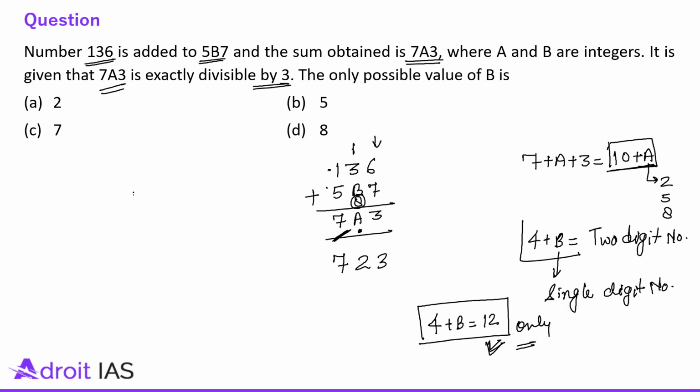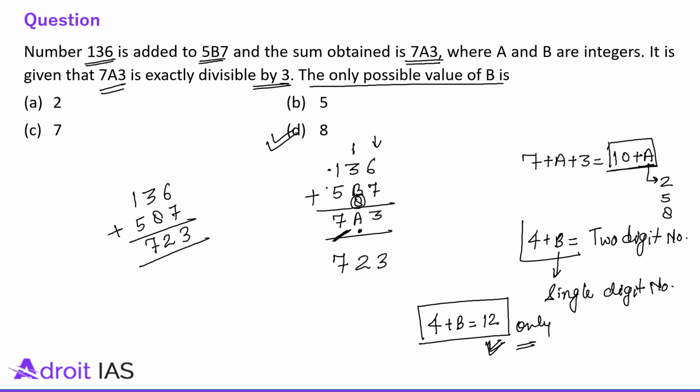So we have the sum as 1365 plus 587. So 6 plus 7 is 13, 8 plus 3 is 11, 11 and 1 is 12, 5 and 1 is 6, and then 7. So the only possible value of b is 8.